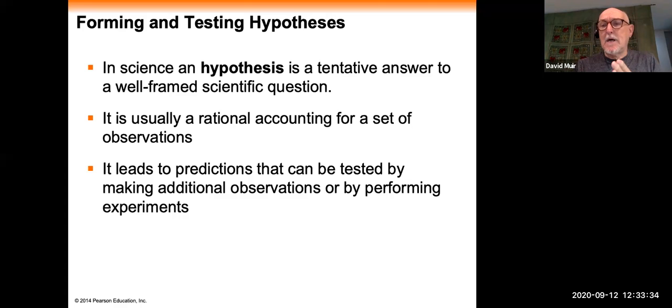The predictions from the hypothesis are tested in one of two ways. Sometimes they're tested by further rigorous observation. Rigorous observation is really more inductive reasoning. Or else they can be tested by experiment.